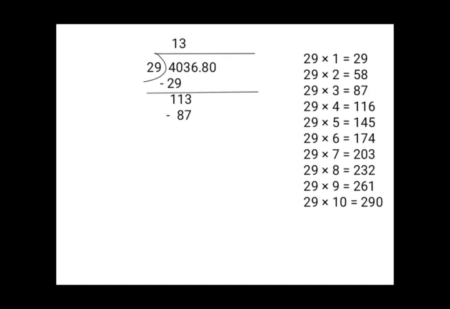So you have to take 29 3s are 87. Subtract 113 minus 87. That is 26.